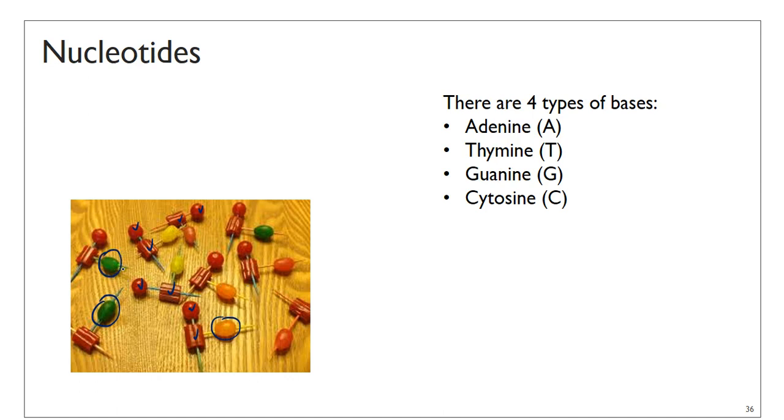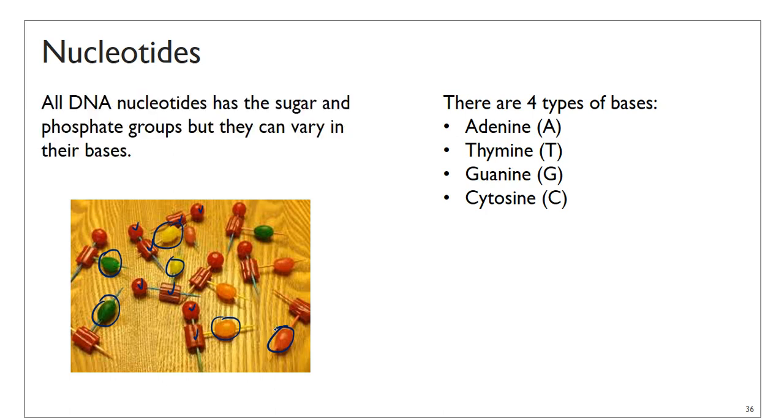So you have green, or orange, or yellow, or pink. So 4 different colors, and this is to represent the 4 different types of bases. So they all have the same sugar and phosphate groups, but they can vary in the base that they have.